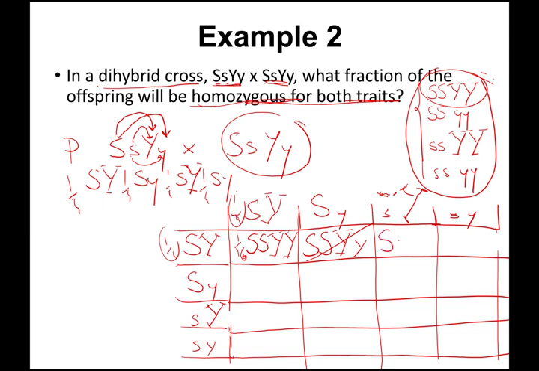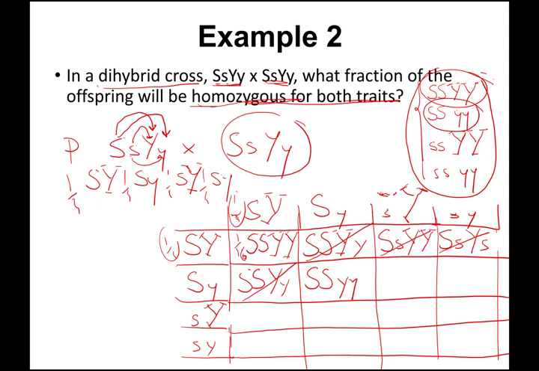This one will be heterozygous for the first character and homozygous dominant for the second one. Still doesn't meet the definition. These will be heterozygous for both. Doesn't meet the definition. Let's go to the second row. Homozygous dominant for this, heterozygous for the second one. Doesn't meet the definition. Homozygous dominant for the first character, homozygous recessive for the second one. This meets the definition. That's another one.